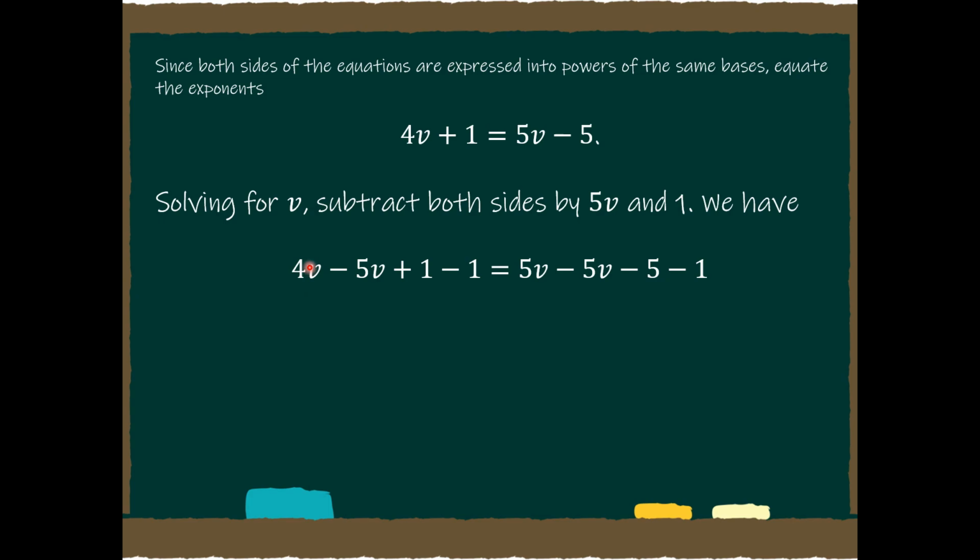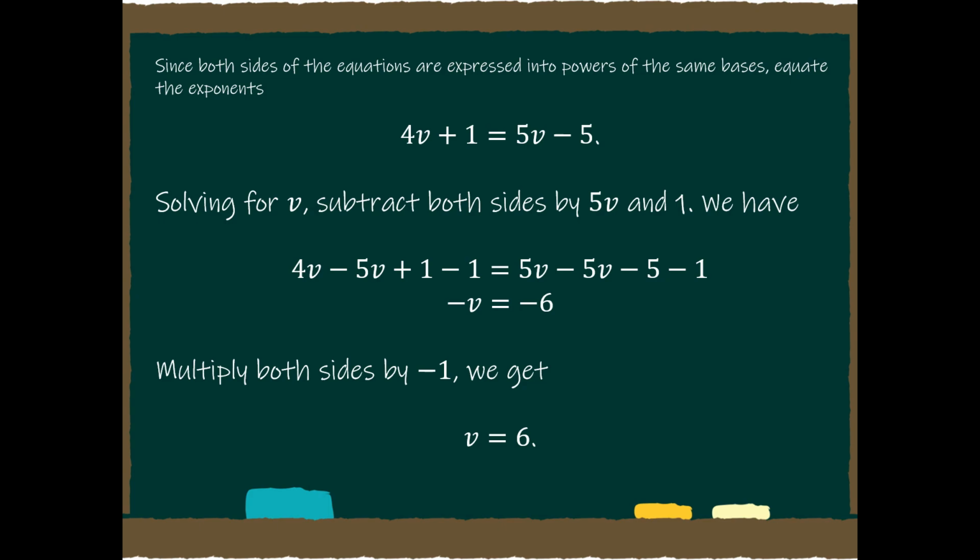So on the right side you have 5v minus 5v minus 5 minus 1. 4v minus 5v is just negative v, plus 1 minus 1 is 0. Then 5v minus 5v is 0, and negative 5 minus 1 is negative 6. Then multiplying both sides by negative 1, we get v equals 6.